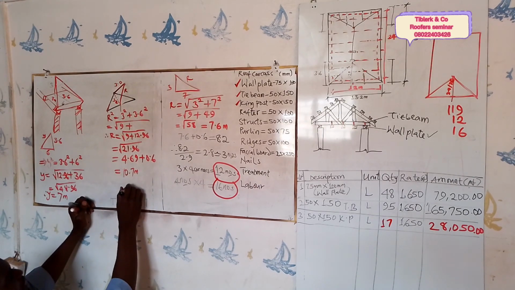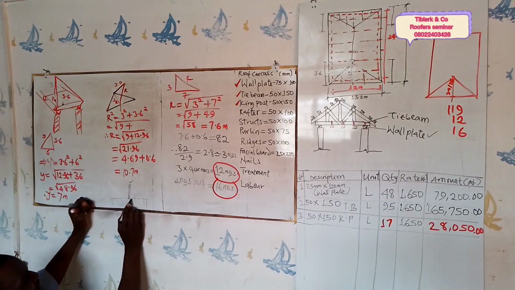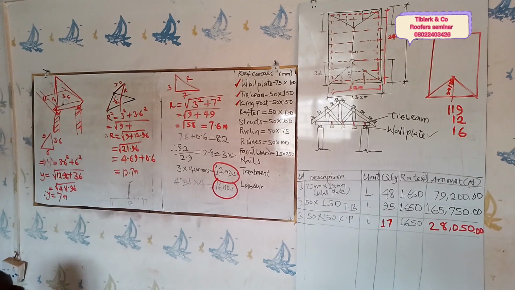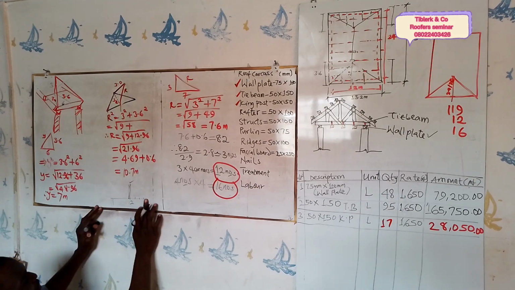This is the one we have got. This is the center one. You need 1.2, 1.2, 1.2. So how many 1.2 are we going to have here? 1.2 plus 1.2 is 2.4, plus 1.2 is 3.6, plus 1.2 is 4.8, plus 1.2 is 6 meters.